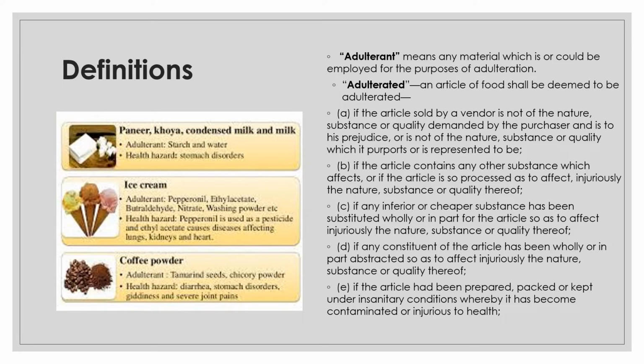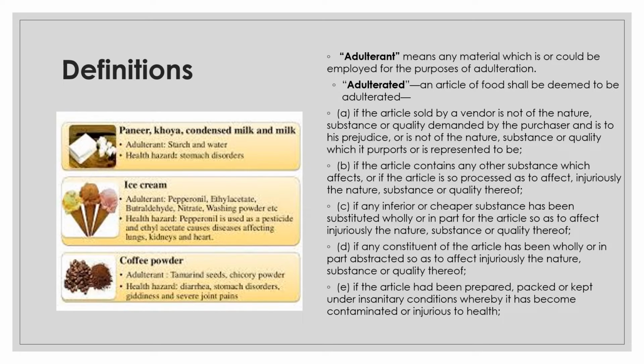In case of ice creams, the adulterant could be some chemicals like pepperonyl, ethyl acetate, nitrate, butylaldehyde, washing powder, etc. Okay, these are adulterants which may be added to ice creams.